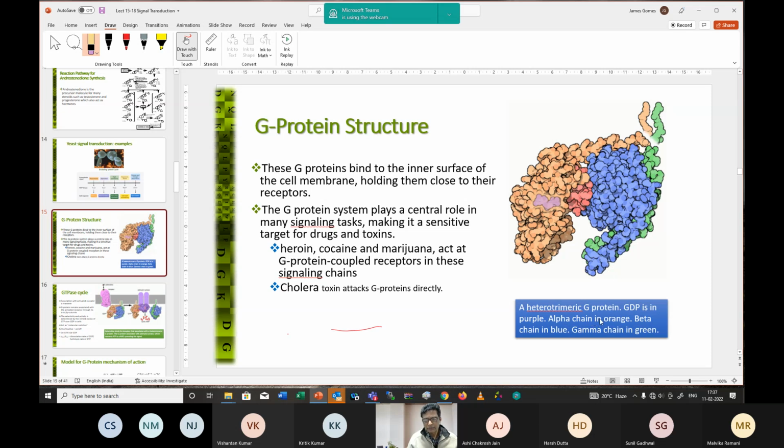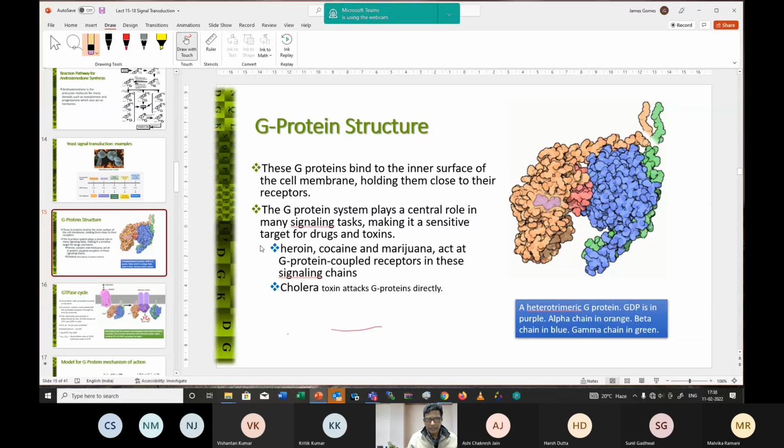Anyway, let me discuss this a little here. You can see that the orange chain is the alpha chain. Then you have the beta and the gamma chain, which are blue and green. So in principle, it's trimeric. But when it really starts activating, it requires binding to another protein, and we'll talk about that in the next slide. Okay.